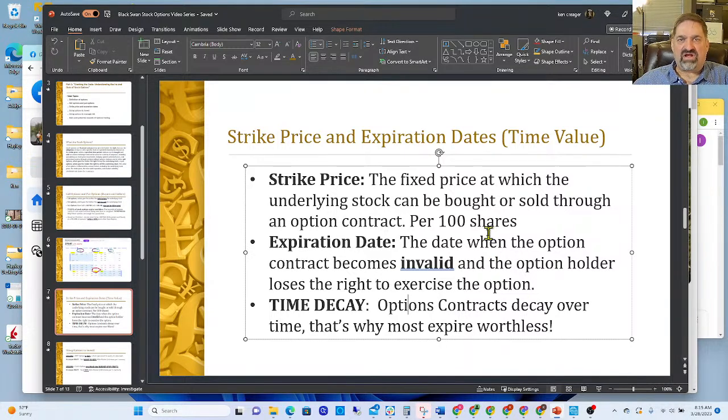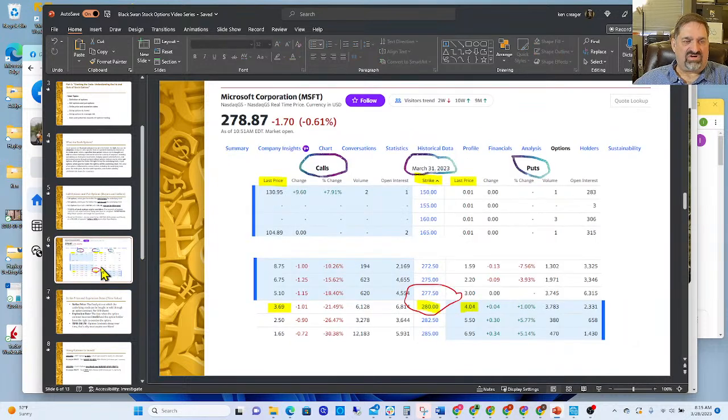Because you have to be right not only in the direction of the price movement, but you also have to be right in your timing. So again, if you go back over to this one, the shorter the time, the higher the premium percentage. But if you went out 30 days, these prices will be more, because you're 30 days out, and as you get closer and closer, the time will decay.